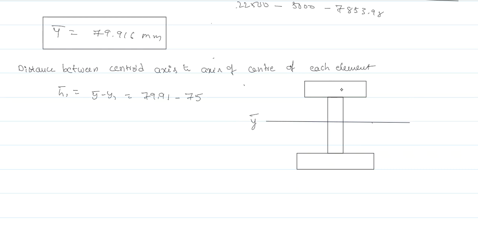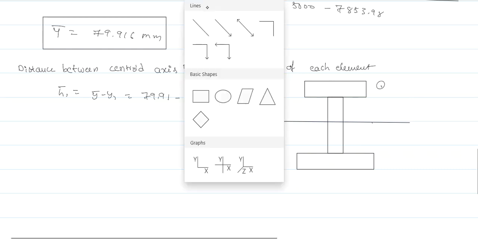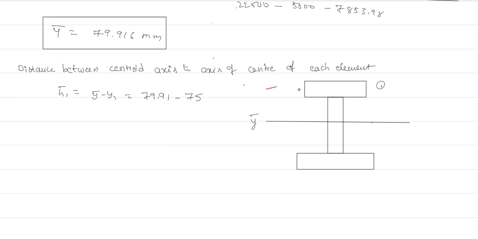Similarly, this is element number 1. Element number 1 having the individual center, that is y1. So this element center is y1. The distance between these two centers is nothing but h1.